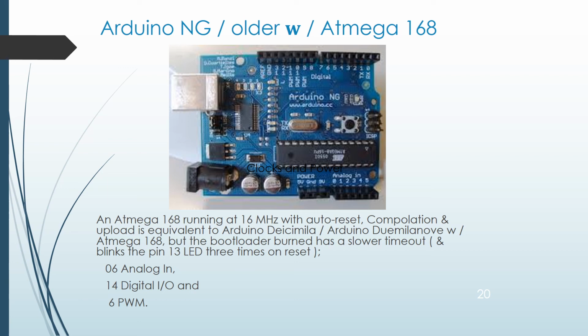This is having compilation along with uploading and is equivalent to Arduino Diecimila, which is nothing but equivalent to your ATmega168. But the bootloader burned here is much slower and it is having a timer feature. Here pin number 13 LED blinks 3 times on reset, with 6 analog input, 14 digital input output and 6 PWM.